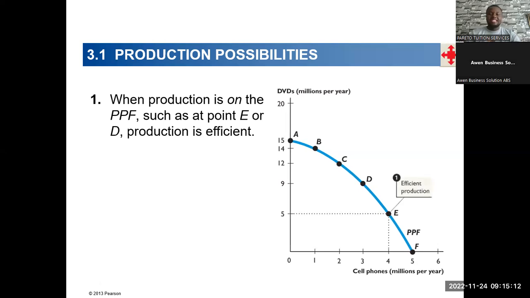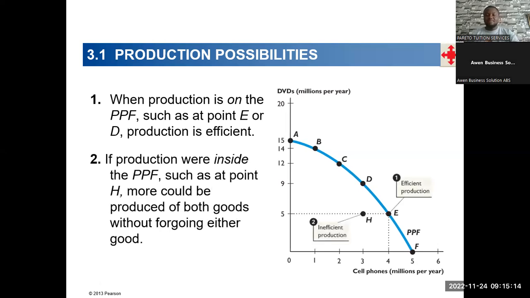What about the case inside the PPF? Assuming point H. What is the combination at point H? Yeah, Frank, what is the combination at point H? At point H, you are producing 5 million units of DVD per year and 3 million cell phones per year.